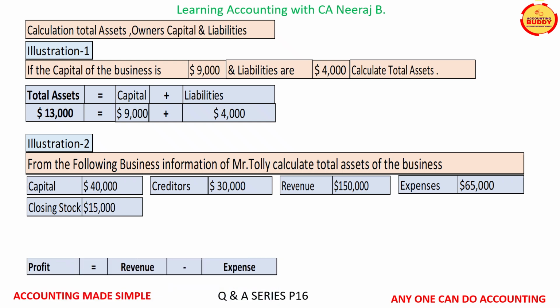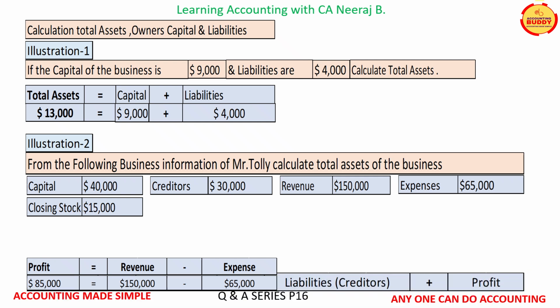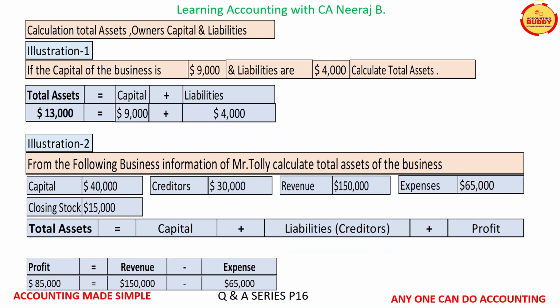We know that the profit is equal to revenue minus expenses. Basis given information, we can deduct $65,000 of expense from the revenue of $150,000. We will get a profit of $85,000. We know that the assets are equal to the sum total of capital and liabilities.